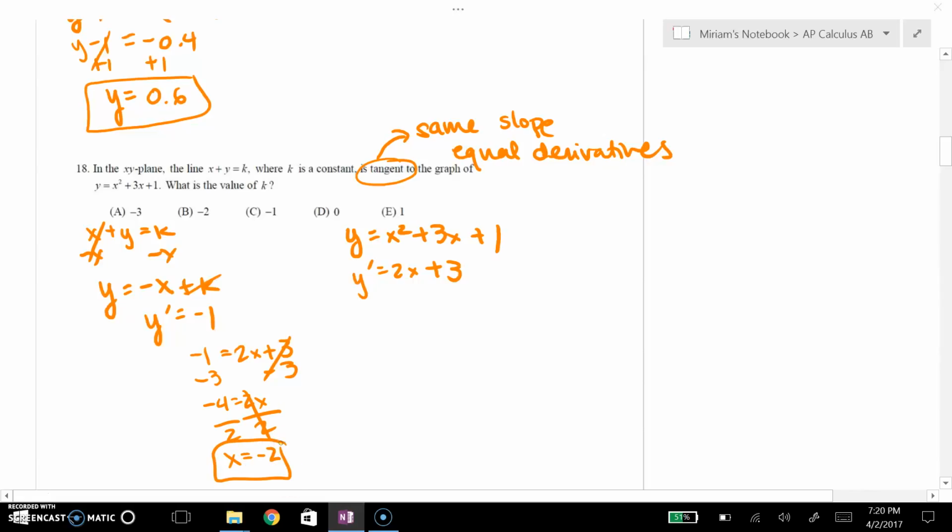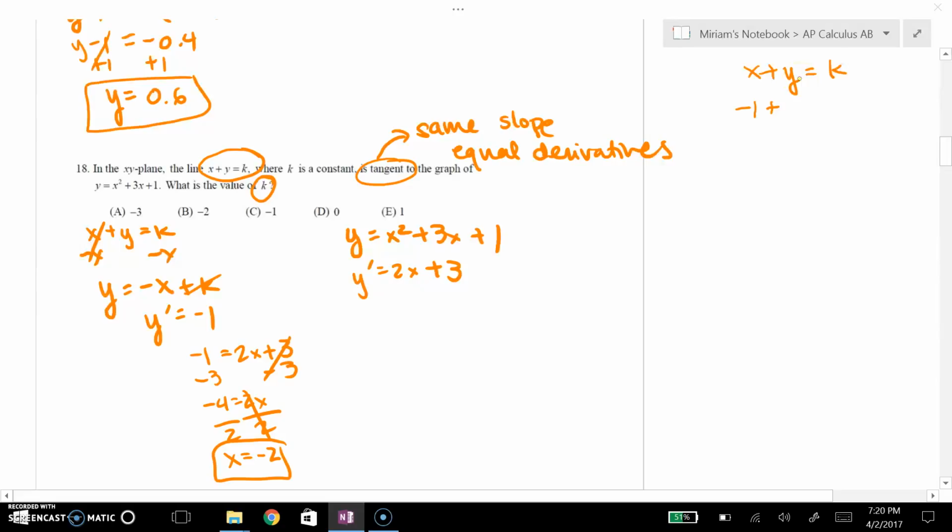Alright, we're close, but not quite there yet. We have the x, but really what we're looking for is k. So we have something to plug in for x, if I rewrite my equation here. But we're not done because we need something to plug in for y so we can figure out what k is. Easy.